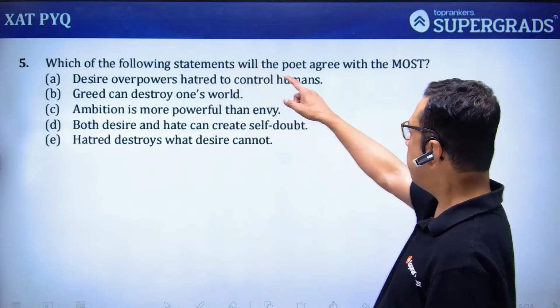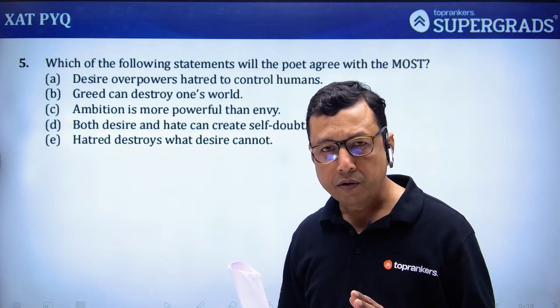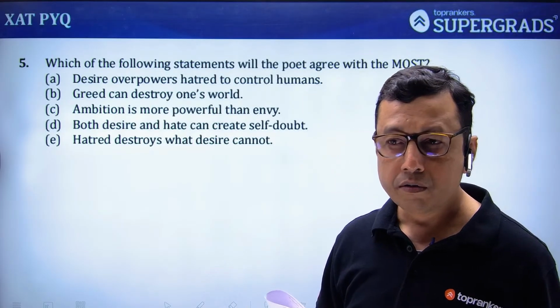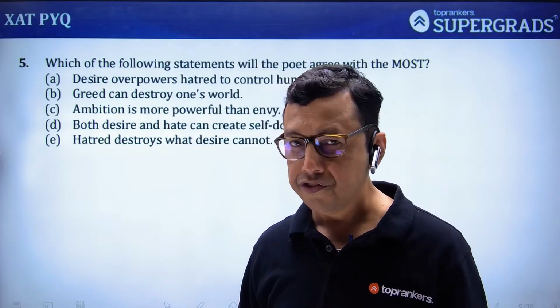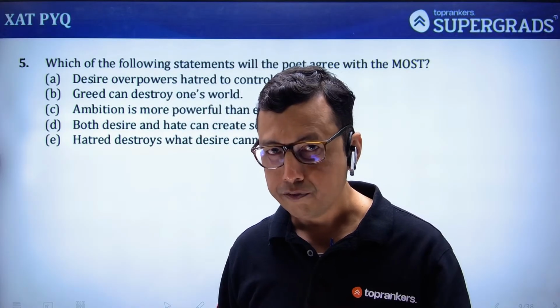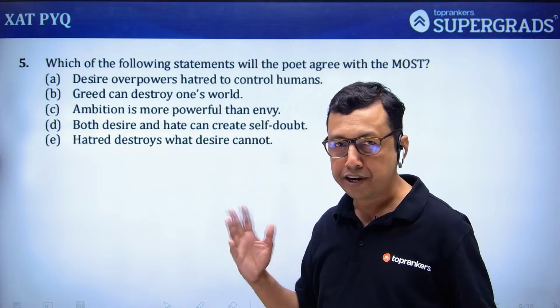Which of the following statements will the poet agree with the most? Sometimes, in a hurry, we do not read the questions carefully. So it's first of all very important to read the question stem very carefully. The question is not asking you to identify a true statement.